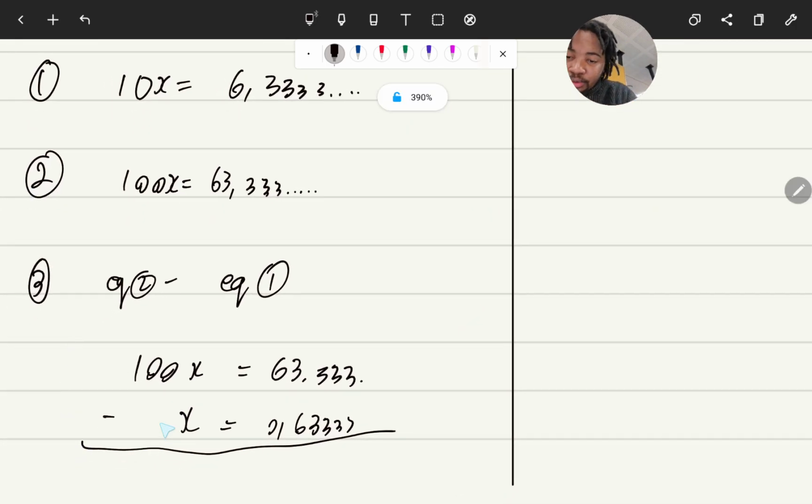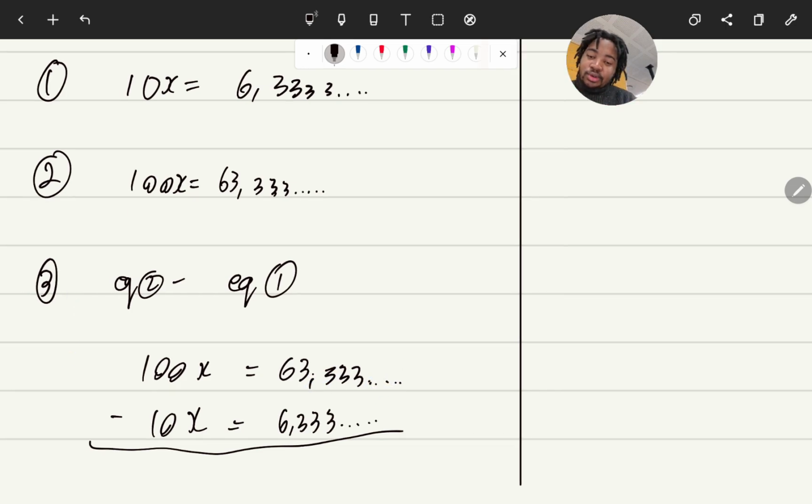So let's fix that. You have your 10x, and then here you have 6.333 recurring. Alright, so we do our subtraction now. 100x minus 10x, that is 90x.